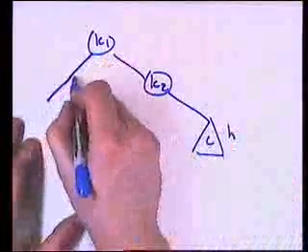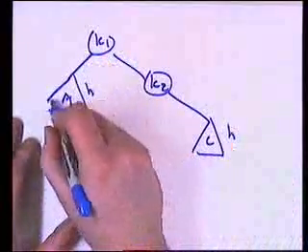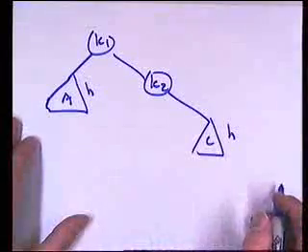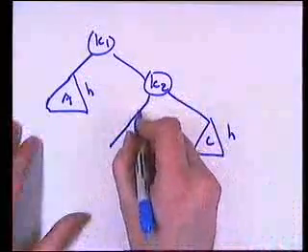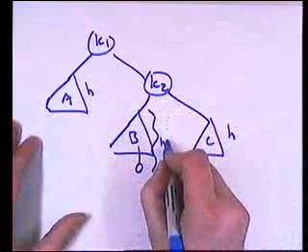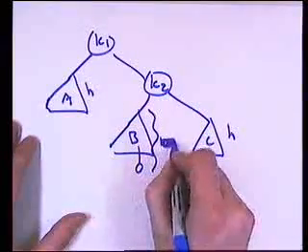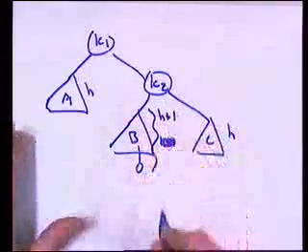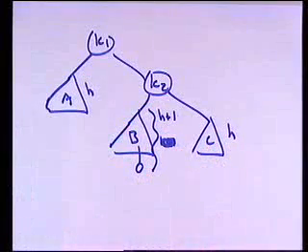C remains, A remains, and B moves over. Just as with the single, I'm going to write the height up here. The whole height of B is h plus 1 with the addition of the new node. So we haven't changed any heights, we've just changed the structural arrangement of the tree, exactly the same as before.